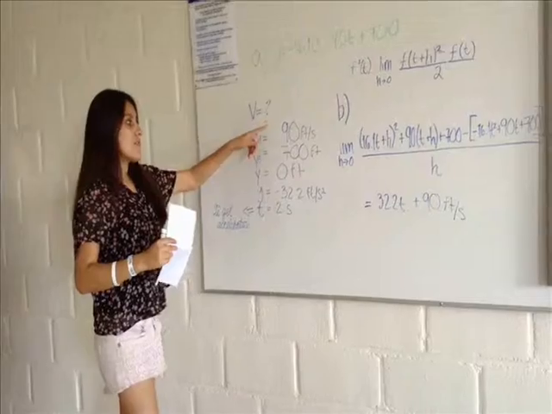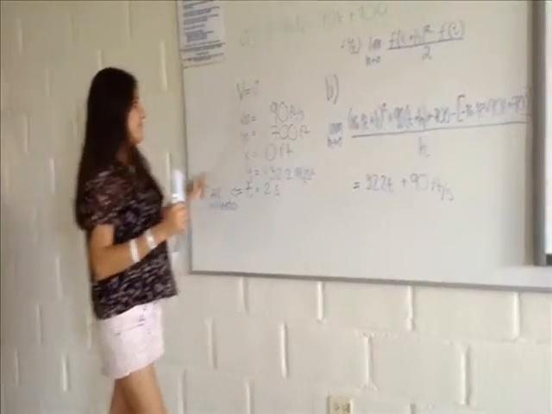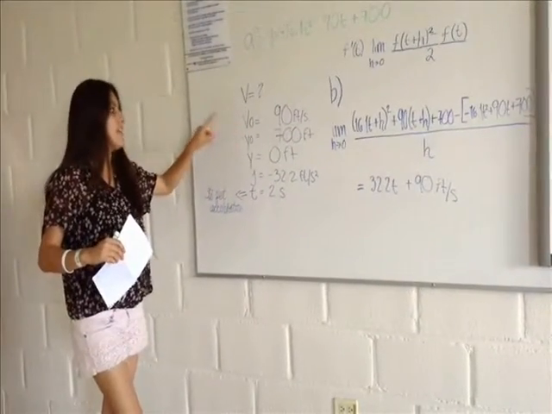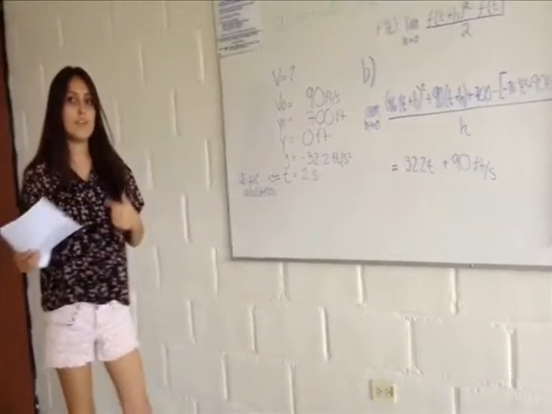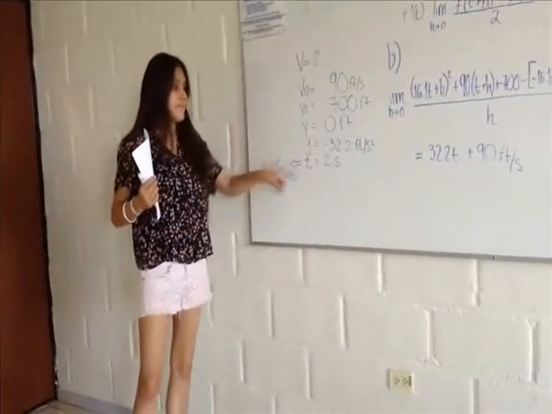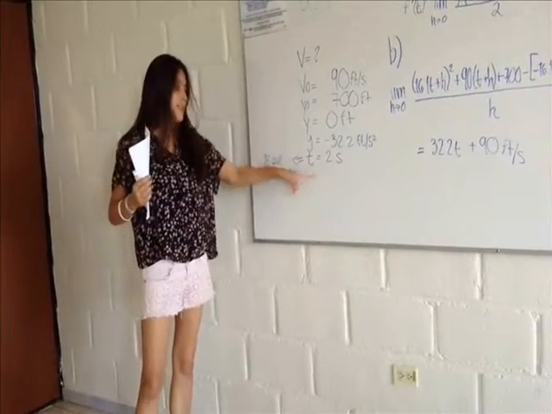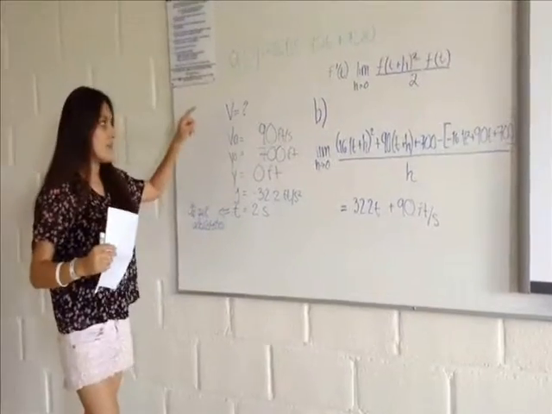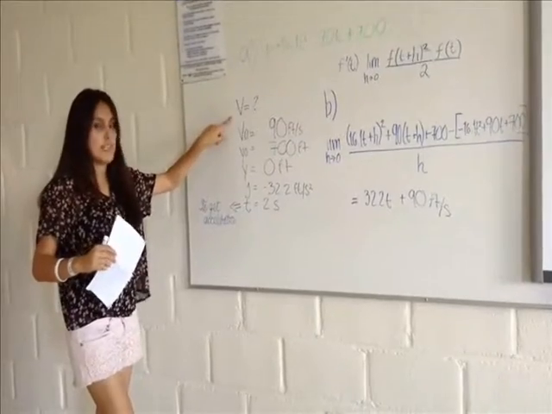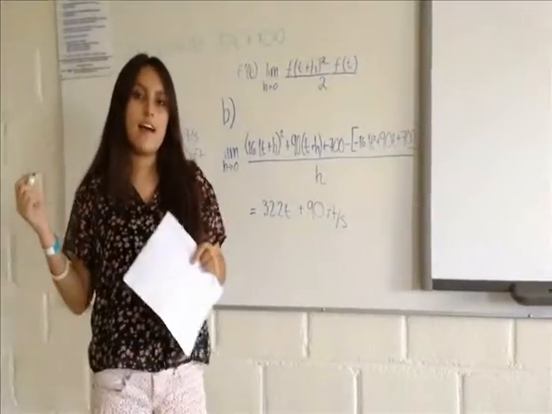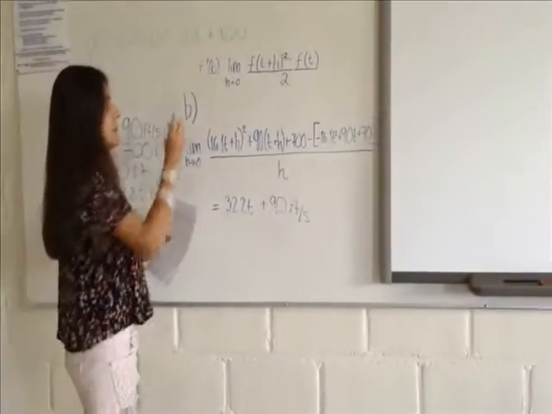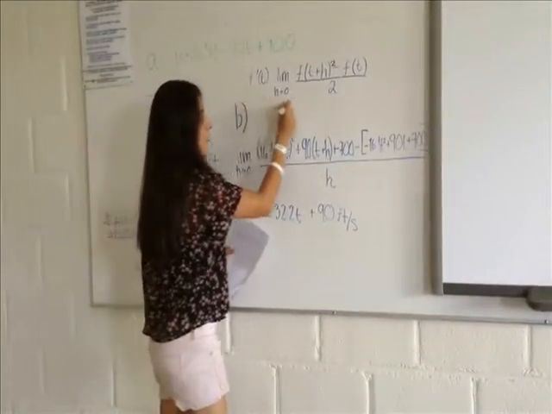We substitute our variables here: the initial velocity, the initial position, and the gravity, and later on we're going to use this value to get the acceleration. So we need to find the velocity. Our formula for the second instruction of our problem is going to be this formula.